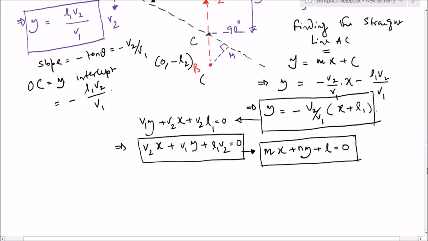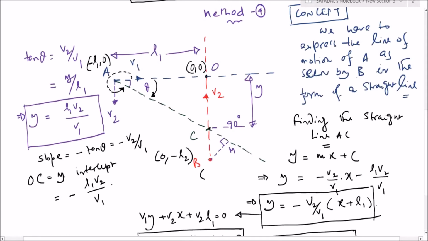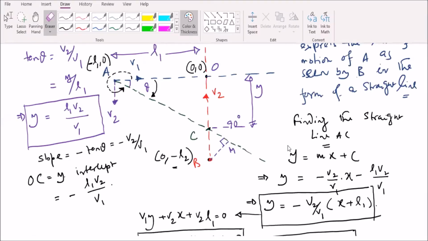See, come to the diagram. From where you have to find out the perpendicular distance? From point B, right? So what is the coordinate of point B? This is the coordinate of point B, correct? I hope you remember. If you don't remember, then also no problem.